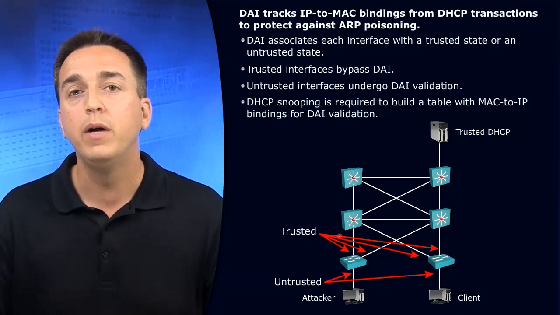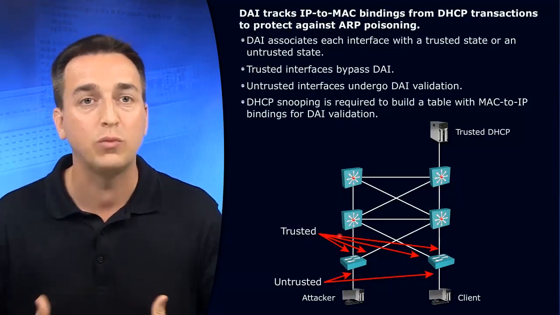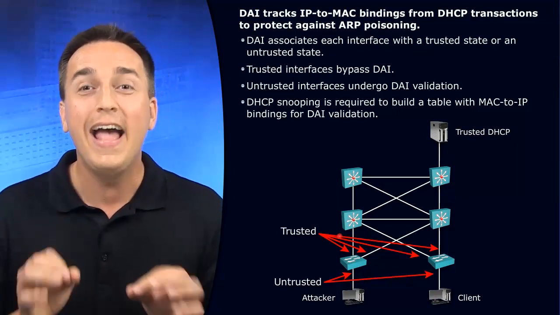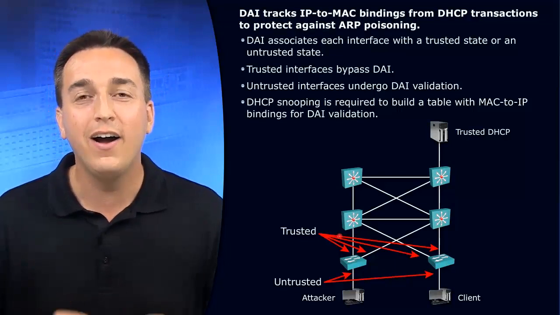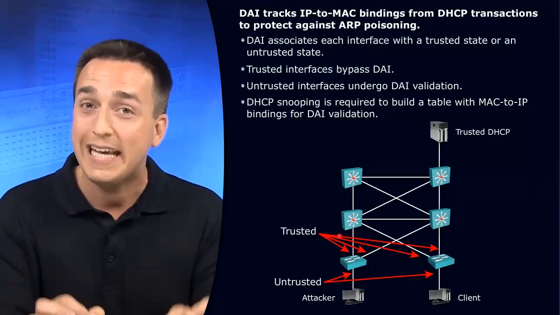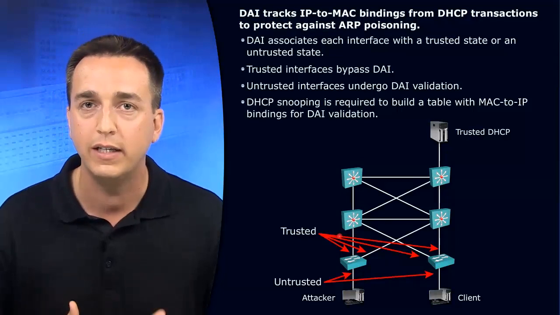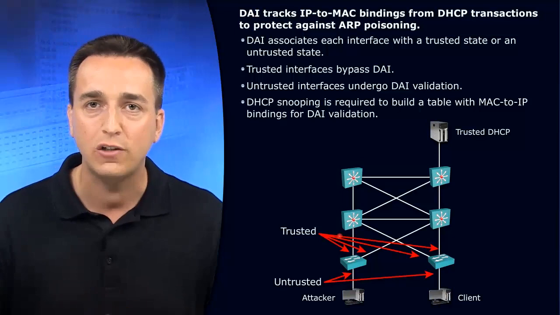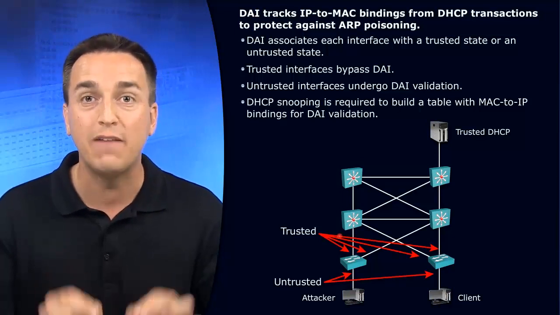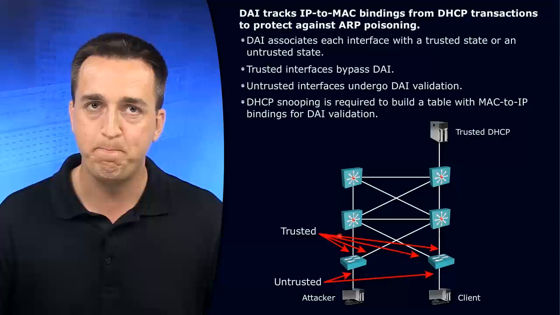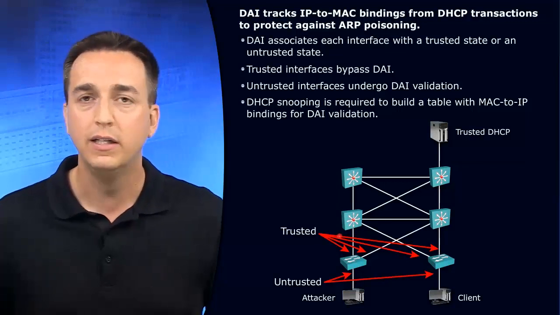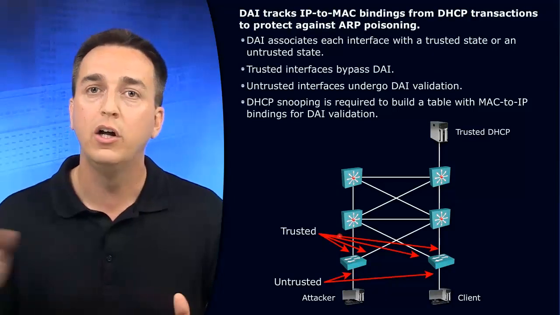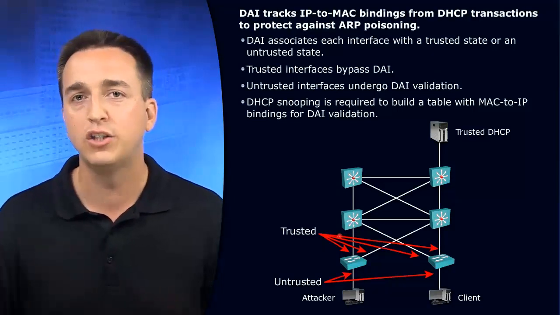So anytime an ARP request or reply is received on an untrusted interface, dynamic ARP inspection will go through the validation process to make sure that it is a valid request or reply. However, if it's a trusted interface, dynamic ARP inspection just lets it pass. It was not even going to check those particular ARP requests or replies.